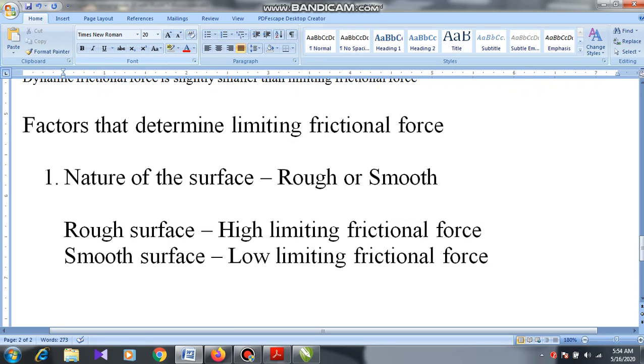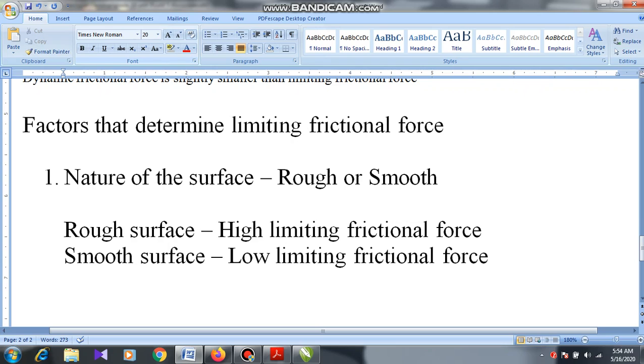There are instances where we are looking for high limiting frictional force. In places where you don't want to slip, you will demand a high limiting frictional force. In places where you want to slip, you will demand a low limiting frictional force.